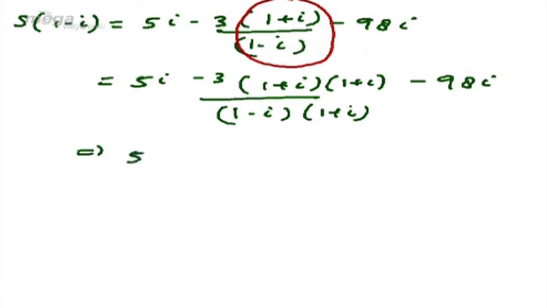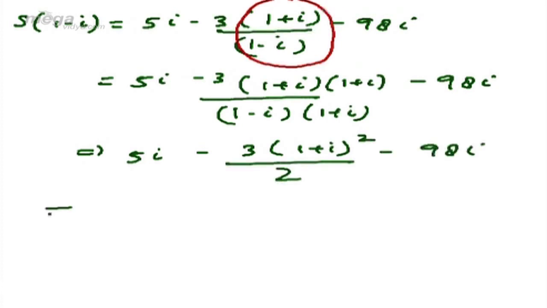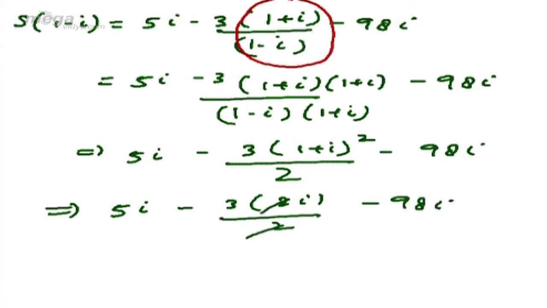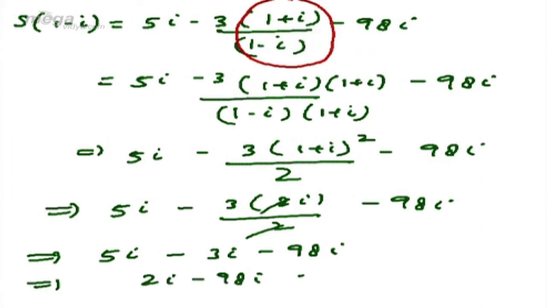So the expression will become 5i minus 3 into (1 plus i) square divided by 2, minus 98i. This will become 5i minus 3 into (1 plus i square plus 2i), that is 2i, divided by 2, minus 98i. 5i minus 3i minus 98i, this will be equal to 2i minus 98i, which is minus 96i.